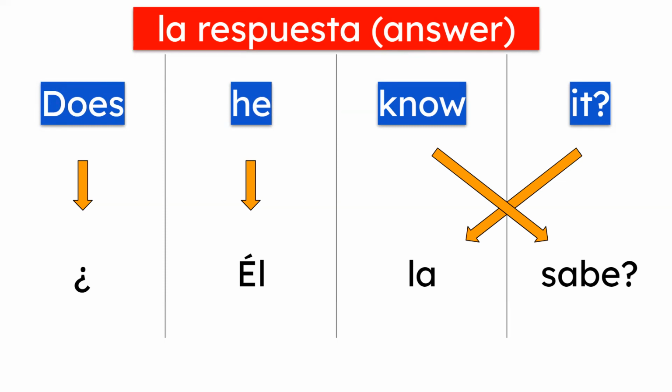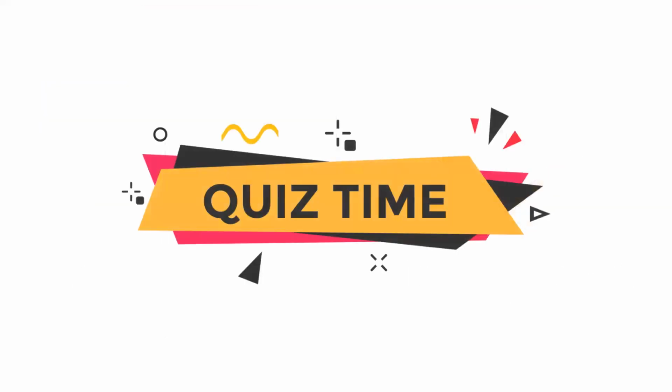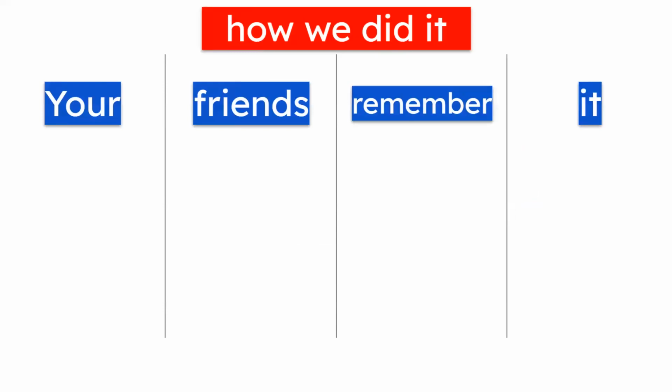Excellent. And that's it for the lesson, but not so fast because here it's time for our quiz. With this quiz, we're gonna find out if you really learned what I have just explained to you. So the first exercise for this quiz is: your friends remember it.